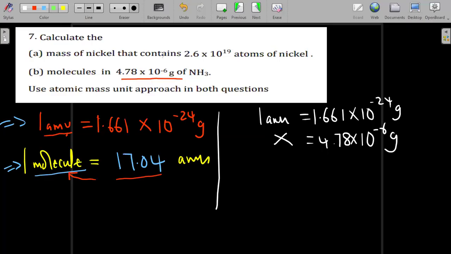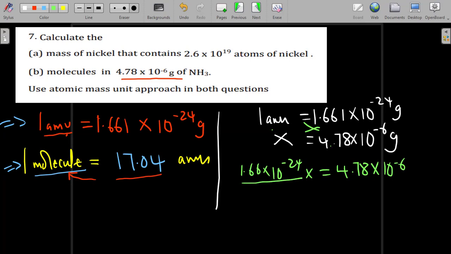We simply cross multiply here. We're going to have 1.66 multiplied by 10 to the power minus 24 x is equal to 1 multiplied by 4.78 multiplied by 10 to the power minus 6. So we're going to divide both sides by 1.66 multiplied by 10 to the power minus 24.